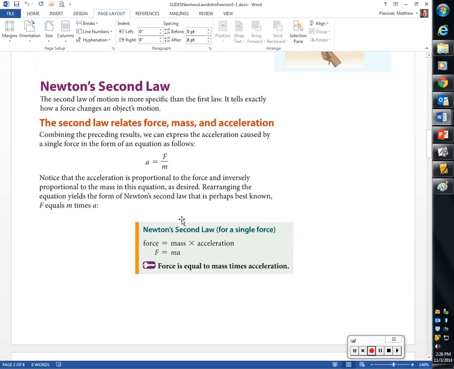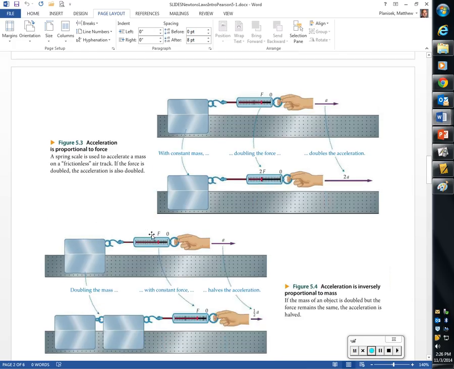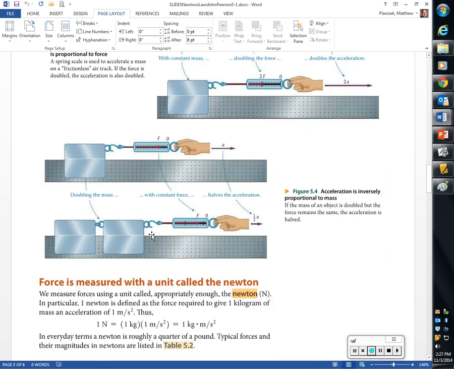If we look at the top of page 3, Figure 5.3, acceleration is proportional to force. If we push harder, there will be more acceleration. On the other hand, what kind of relationship do mass and acceleration have? Inverse. The more mass there is, the less acceleration there will be. That's summarized in Figure 5.4.